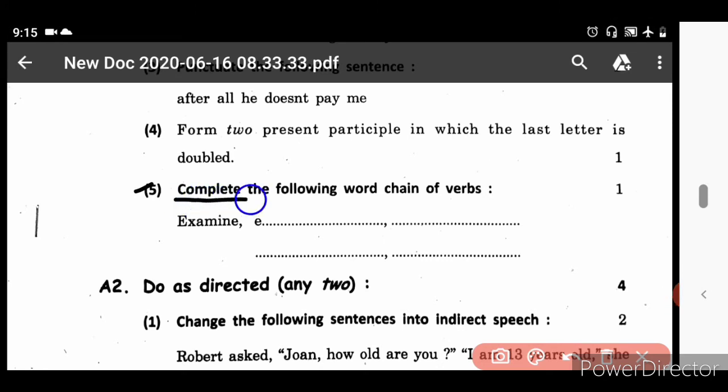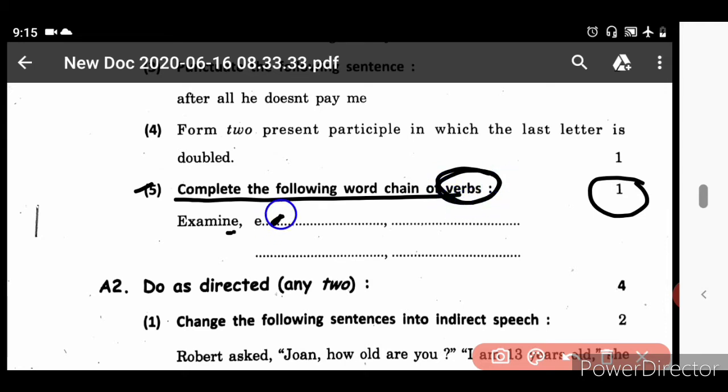Question number 5 is very important and very easy, and it gives us full marks. You have to make a word chain, a chain of verbs. Here you have examine, then you can make eat, then the last letter gives tell, then look. In Marathi or Hindi we call it antakshari.